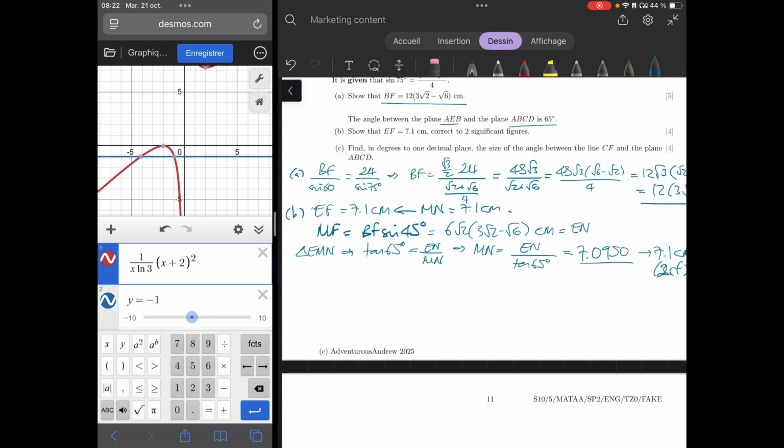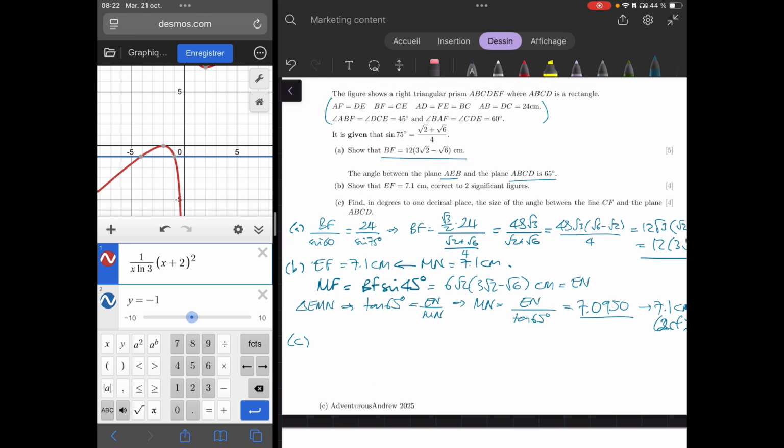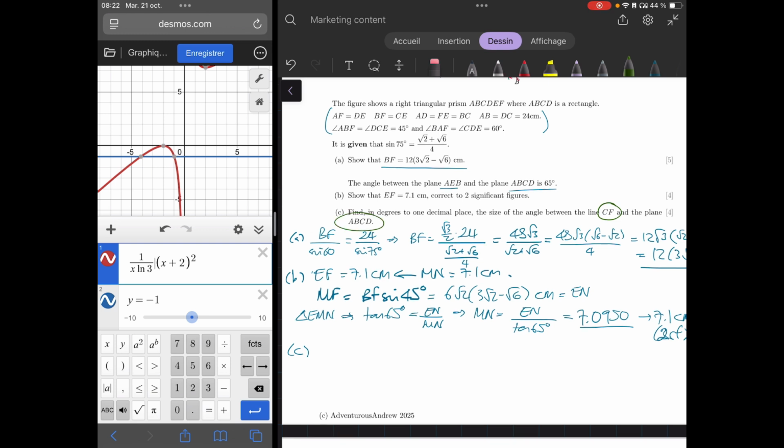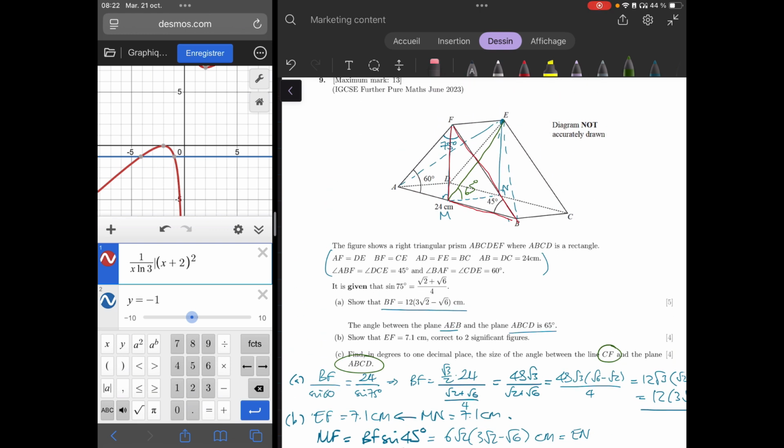Part C. Now we want to find the size of the angle between CF and the plane ABCD. First, let's locate this angle. CF and ABCD. Okay.